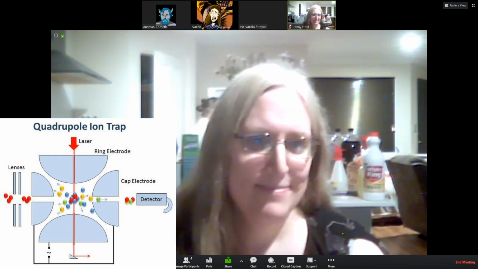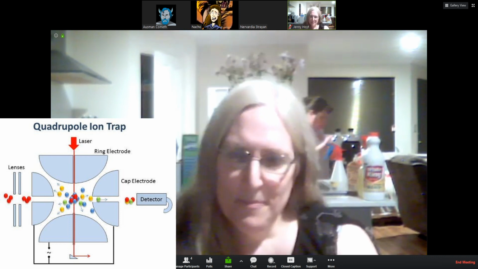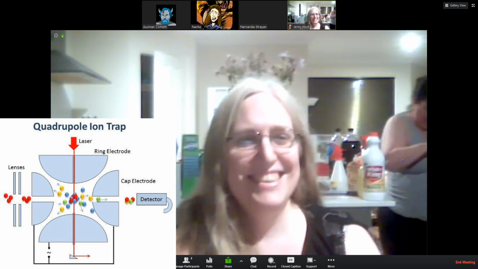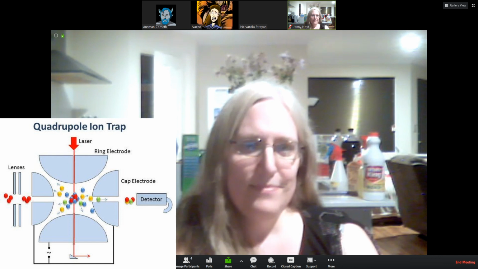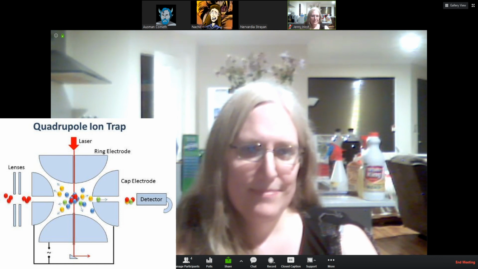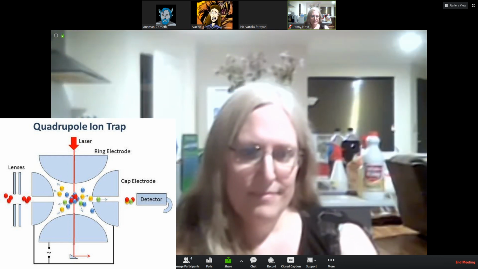So you've got the quadrupole ion trap. That's a variation of the quadrupole analyzer, but it's bent back on itself to form a closed loop. Have you swapped over to the next image there? Yeah, awesome.